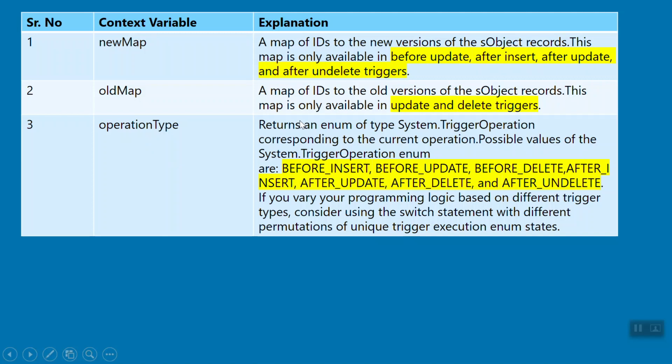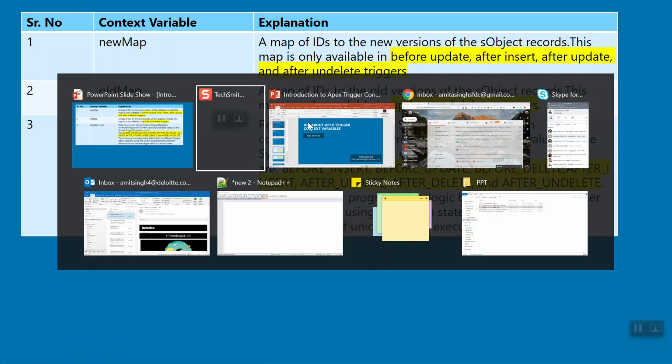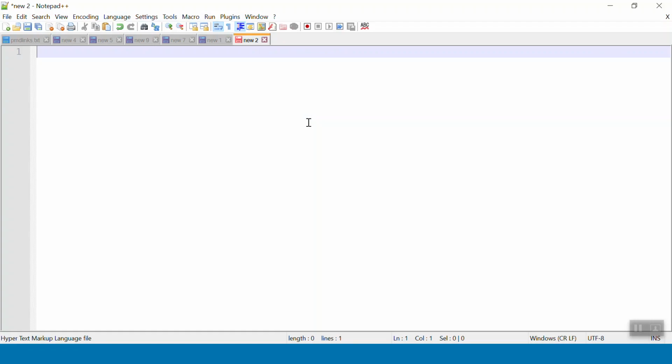Before we go to the practical part, let's apply all the concepts that we learned. I will just show you some basic things about oldMap and trigger.new that we discussed. So we discussed trigger.new.